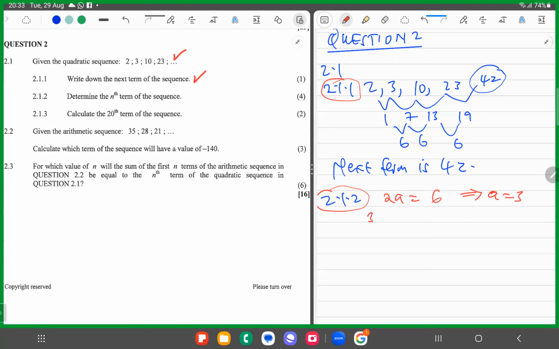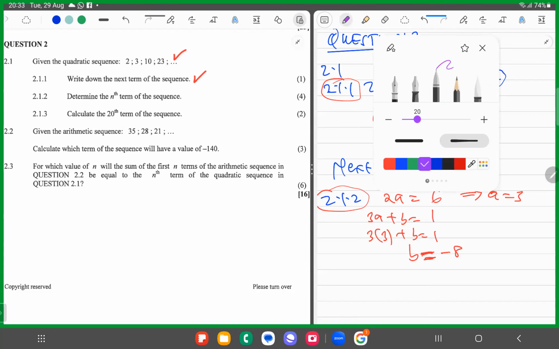The next thing is we say 3a plus b must be equal to 1. So if 3 plus b equals 1, which means b is minus 8.